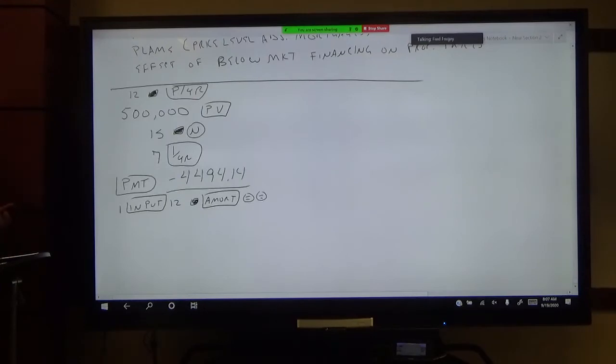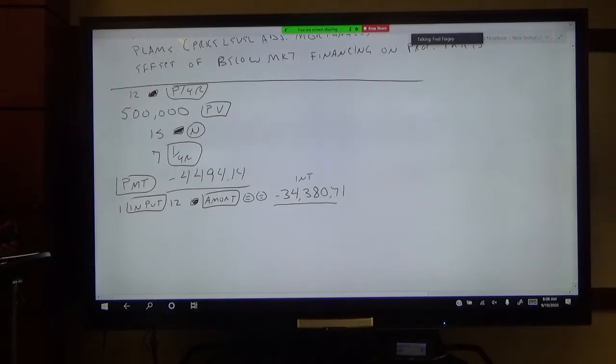So let's see what we get. For the first year, we're going to get an interest tax shield or deduction of $34,380.71. Okay? So that's just our interest.